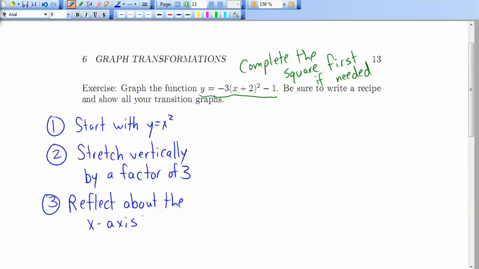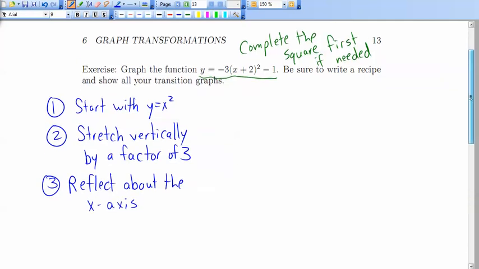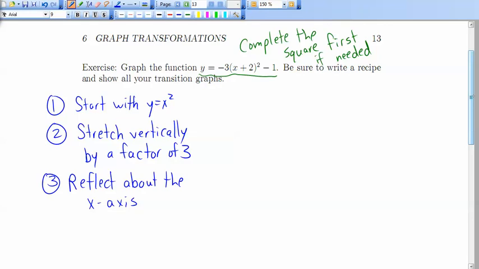Okay. Now you notice that there's no coefficient inside the heart of the function in front of that x. There's just the bracket right there. And if you've completed your square properly, you'll never have one. So we don't need to worry about that quite yet. We will have some shifts though. We have that +2 inside the heart and a -1 outside. We'll do both those shifts at once since they're fairly straightforward to do.